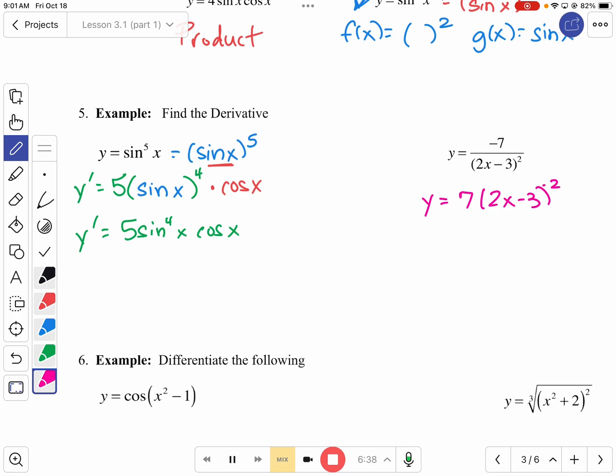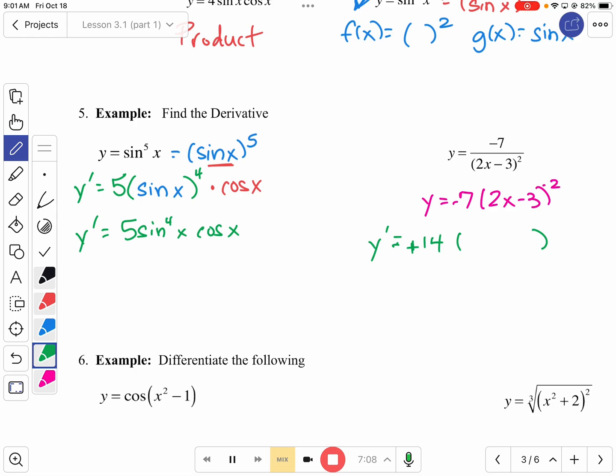So now that we know the chain rule, my outside function is something to the negative 2 power. Something to the negative 2 power says we take negative 2 times that 7 that was in front, which would give me negative 14. Does the negative 7 stay negative or go to positive? Sorry, I didn't mean to make it positive. It stays negative. So that's going to make that a positive 14. Sorry, that's on me.